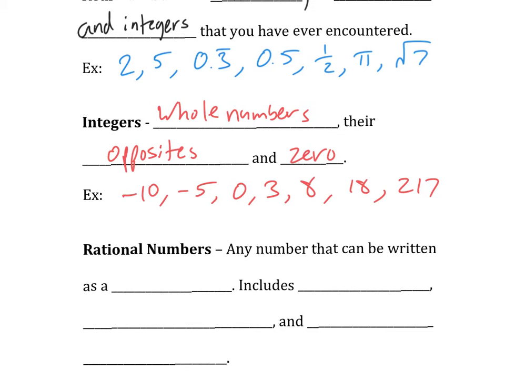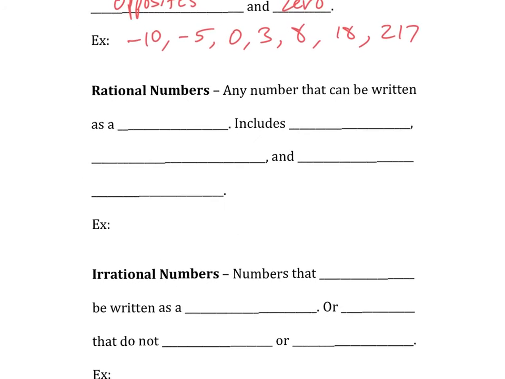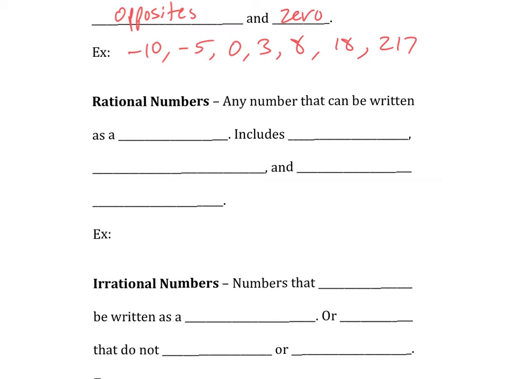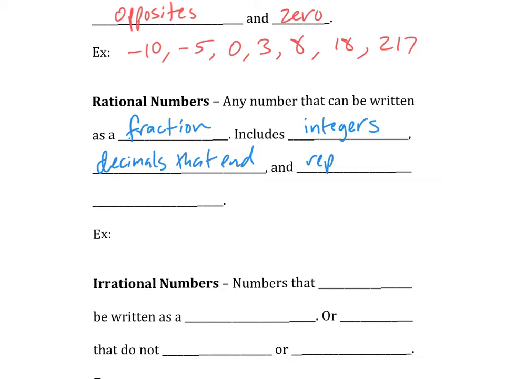Now we also have a classification of numbers called rational numbers, and that's going to be any number that can be written as a fraction, which includes all of our integers. It includes all decimals that end, like 0.78, for example, and also repeated decimals, like 0.3 repeating, like we used earlier.